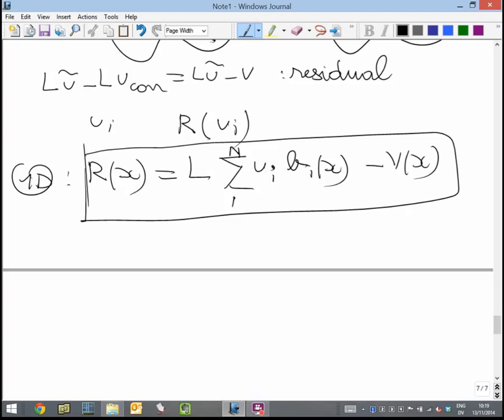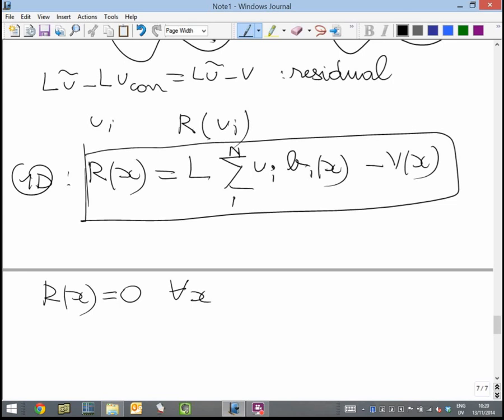This residual, of course, should be made as small as possible, whatever that means. So what would be the ideal situation in terms of residual? What would be the perfect residual in a perfect world? Yeah, of course, ideally you would like to have the situation that R of x is equal to 0, identically equal to 0 for all possible values of x. Then you would have the correct solution, U correct.